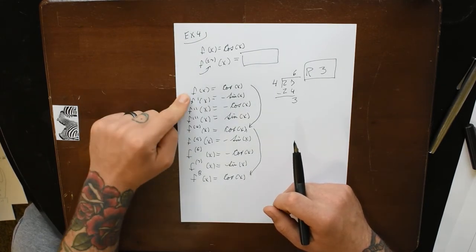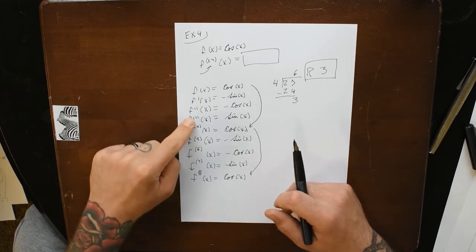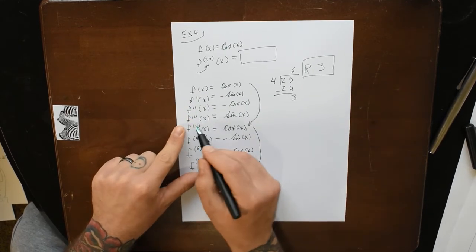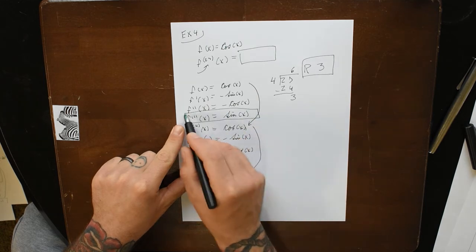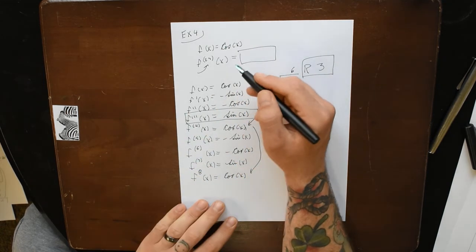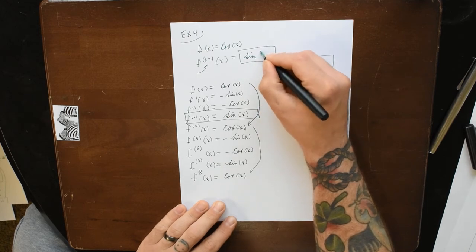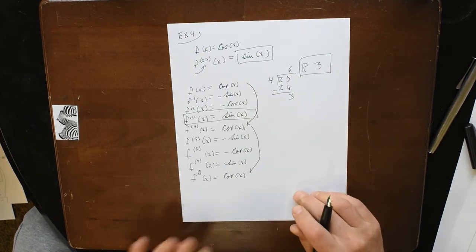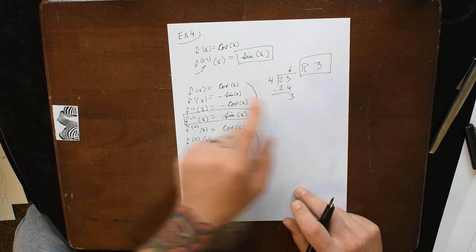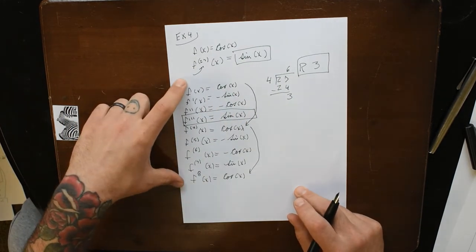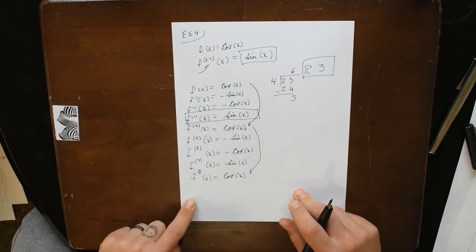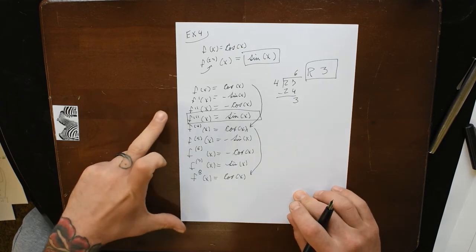So then we're back at the 25th, the 26th, the 27th, and we see that the 27th derivative of cosine of x has to be equal to the sine of x. Like I said, don't actually write out 27 derivatives. We're actually looking for the pattern.